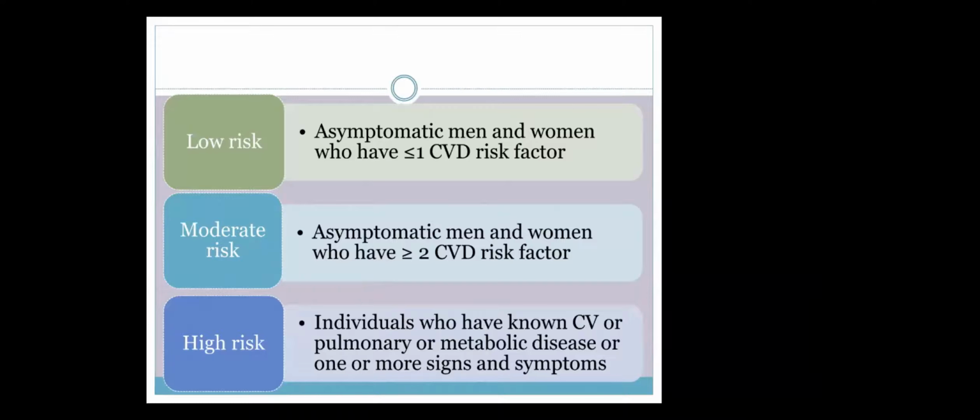If individuals have known cardiovascular, pulmonary or metabolic diseases, or one or more signs and symptoms, the patient is categorized under high risk. So we have seen the metabolic diseases, the cardiovascular conditions and the pulmonary conditions. If any of these conditions or the signs and symptoms that we just saw is present, the individual is directly graded under high risk.